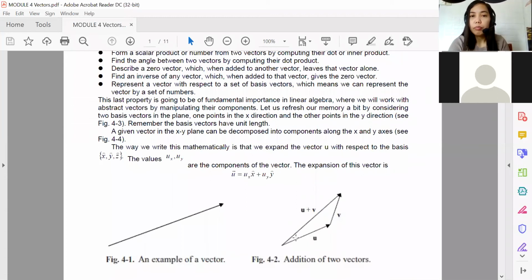So when we check, given vector U, we're going to connect the head of U by the tail of V to get the sum. So this is the sum of the two vectors, U plus V.